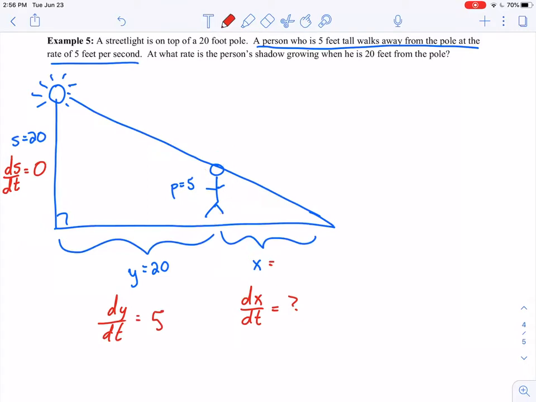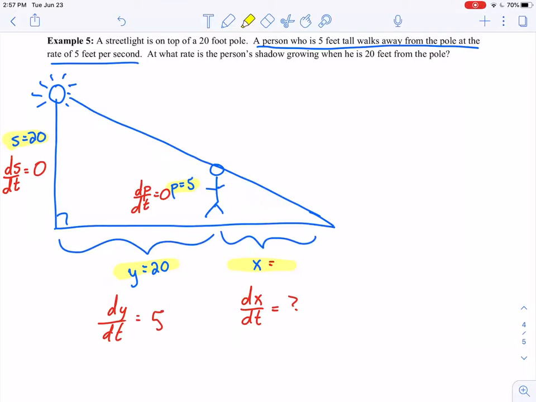So we'll say dp/dt is equal to 0. So I need some sort of relationship that involves x. Let's see, what else can I use? I can use y, I can use s, I can use p.